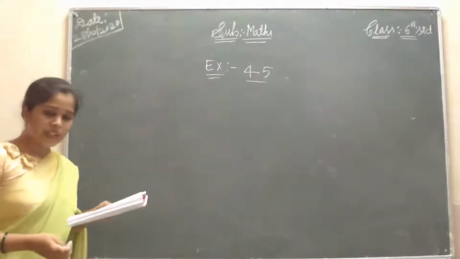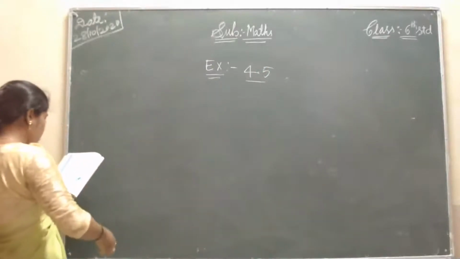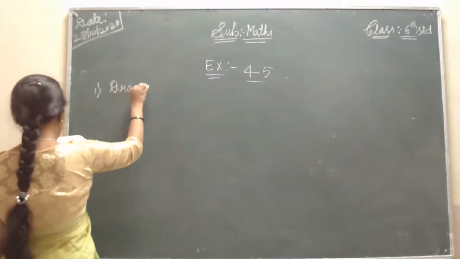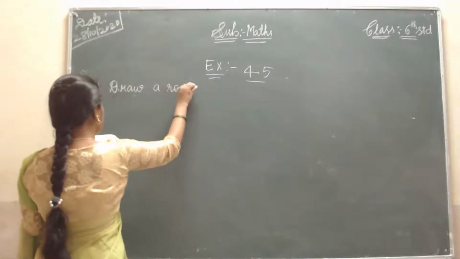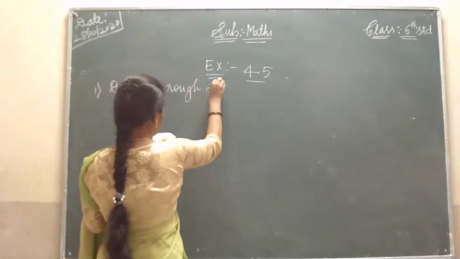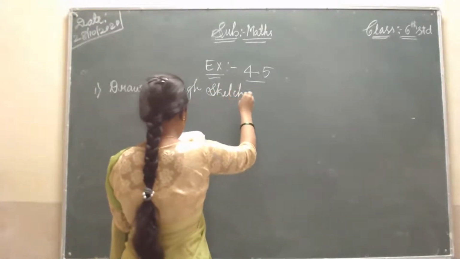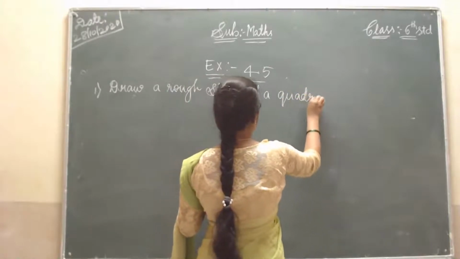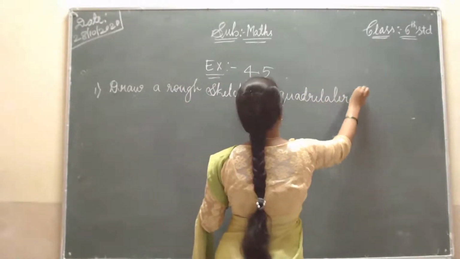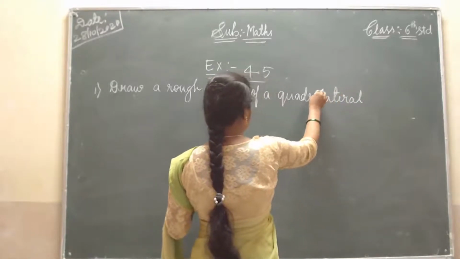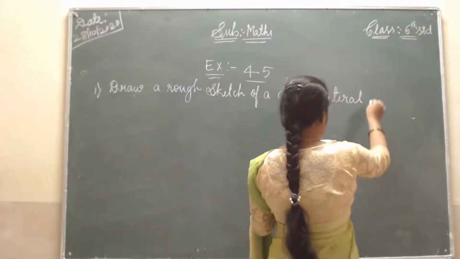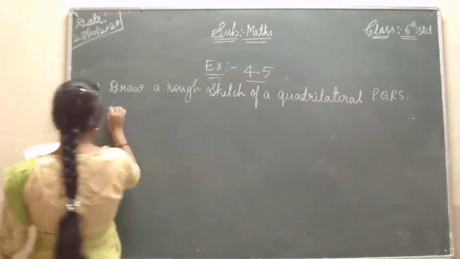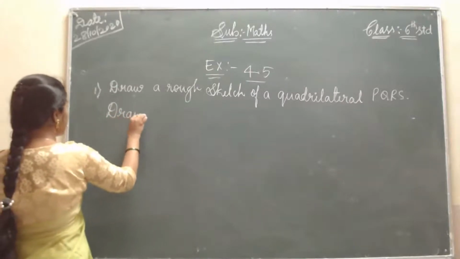The Arab's quadrilateral. Draw a rough sketch of a quadrilateral PQRS. Draw its diagonals.